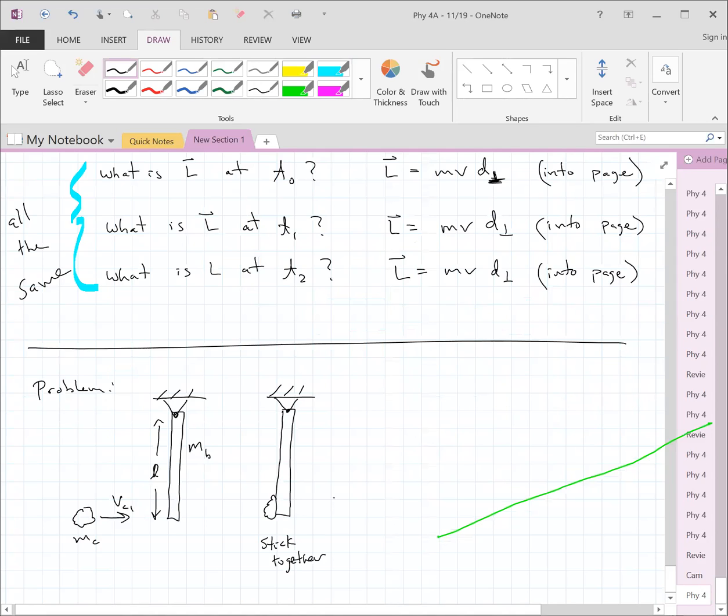And this whole thing starts swinging with some omega, I'll call it omega 2. And then at some later time, it comes to rest momentarily, and then it swings back down.